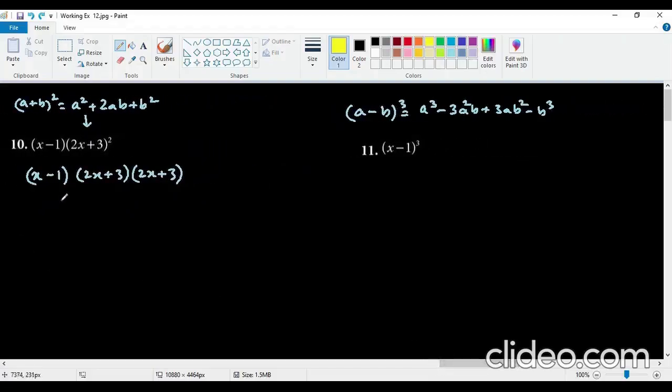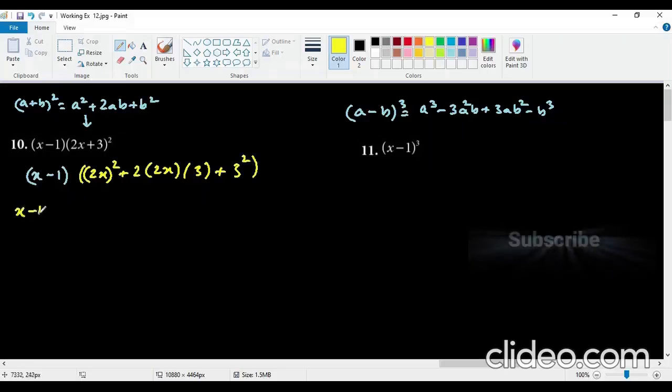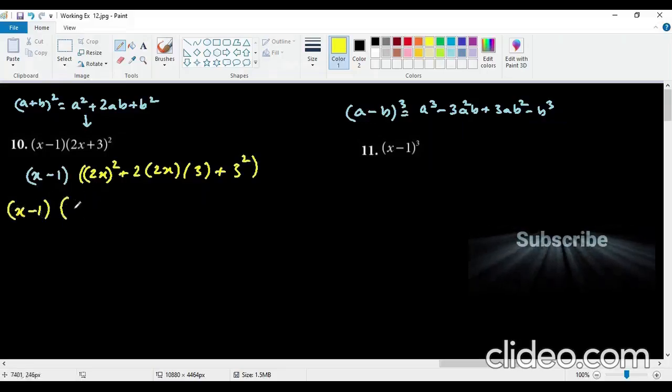Now, instead of doing traditional multiplication, I will use a formula instead of writing like this, because I know the formula is going to be telling me that a square plus 2 times a times b plus b square. This is going to give me a direct answer for this calculation.